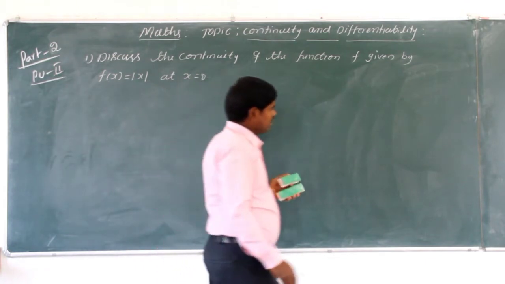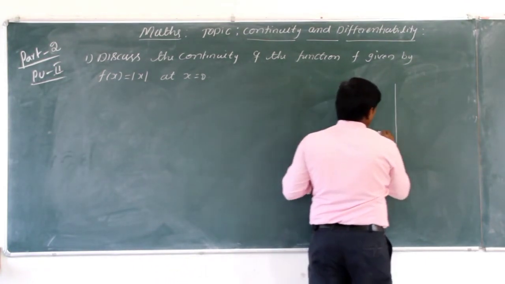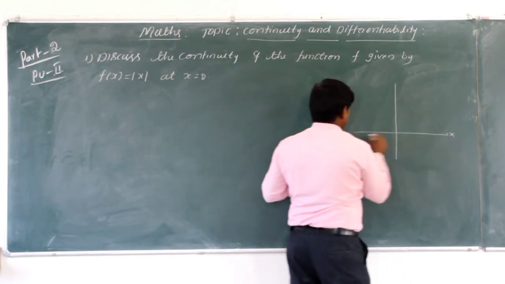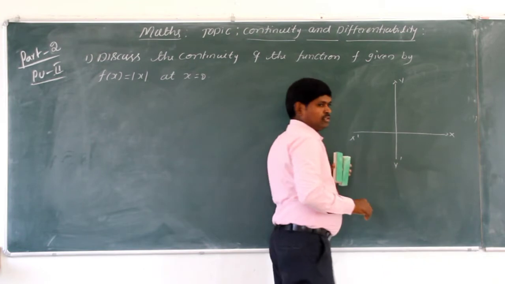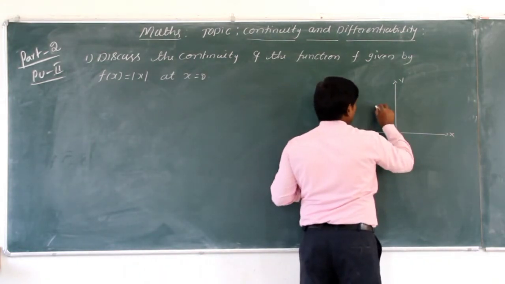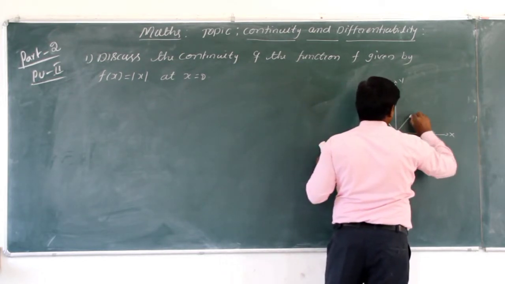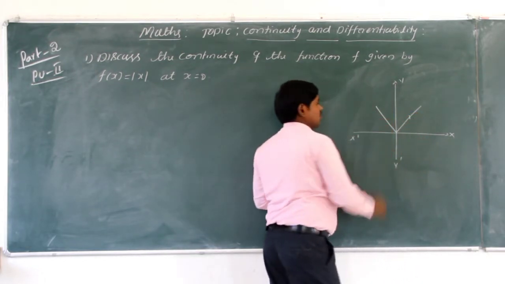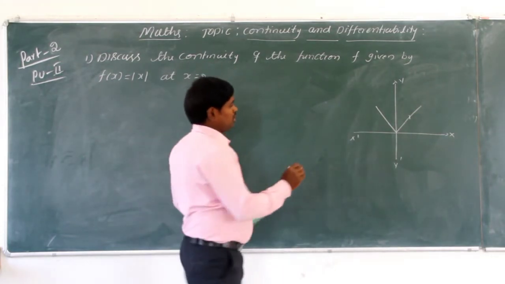Already you know the graph of the modulus function. Suppose this is x dash and this is y dash. By the graphical method, it is possible to draw the graph of the modulus function in a single step, that is, without lifting the chalk on the board.